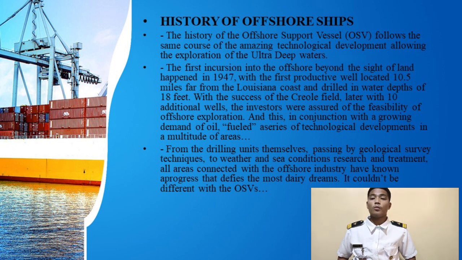Later, with 10 additional wells, the investors were assured of the feasibility of offshore exploration, and this, in conjunction with growing demand for oil, led to a series of technological developments in a multitude of areas.